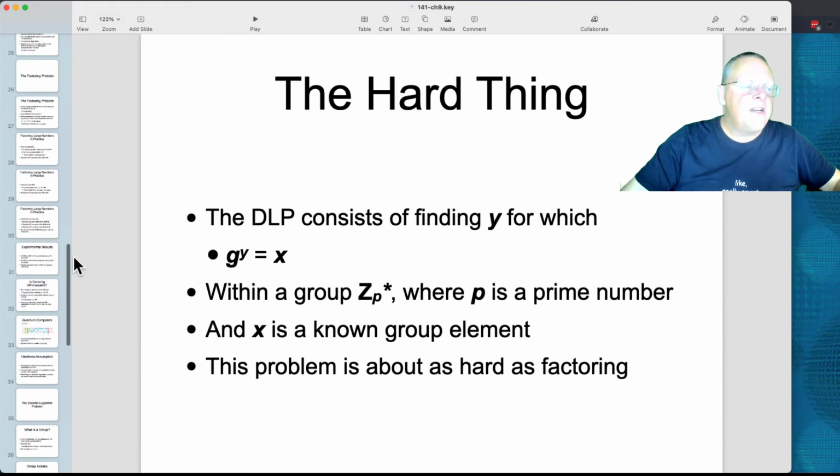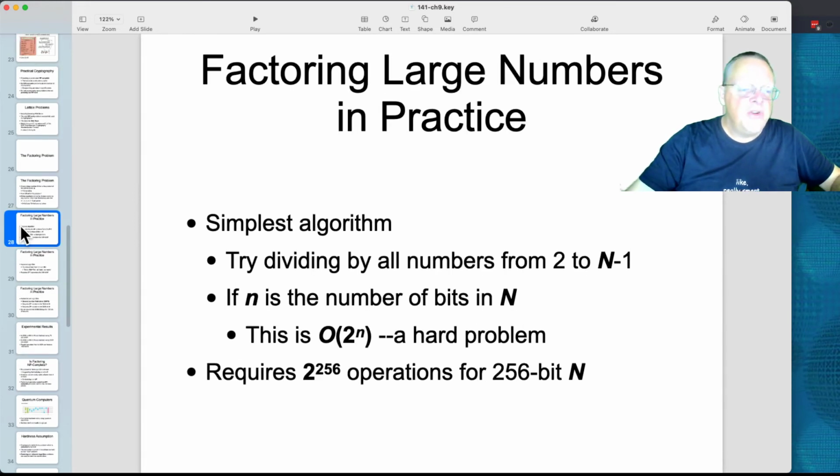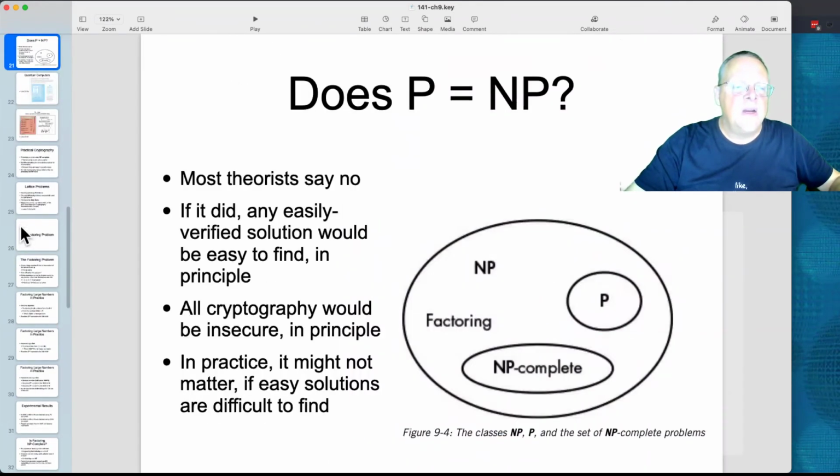So let me go back to my diagram here, which I think is the most useful one. This one. So you have P, and you have NP, and you have the hardest ones here, and there's factoring, and the discrete logarithm is considered about as difficult as factoring. So they're both pretty good for cryptography.